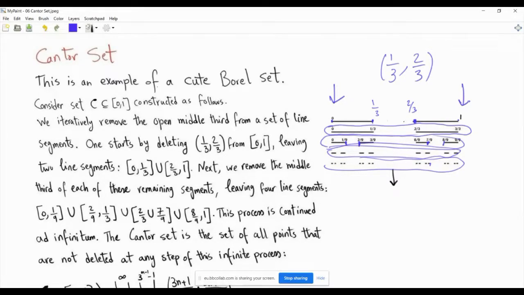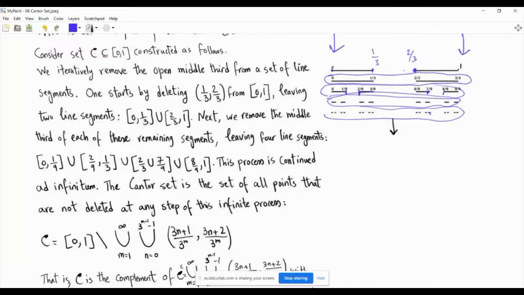So basically, the trick here is to think about the complement of the Cantor set, the parts that we remove, that we eliminate. At the first step of construction, you remove the open interval from 1/3 to 2/3. Here I'm not talking about the Cantor set, I am talking about its complement, whatever is removed.